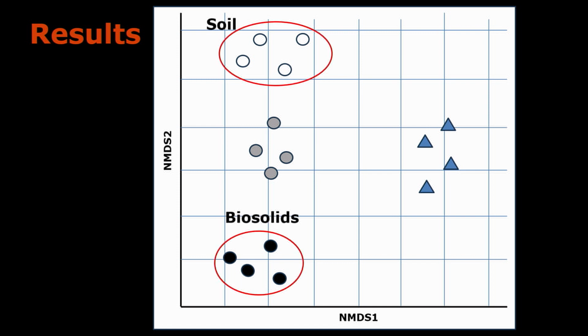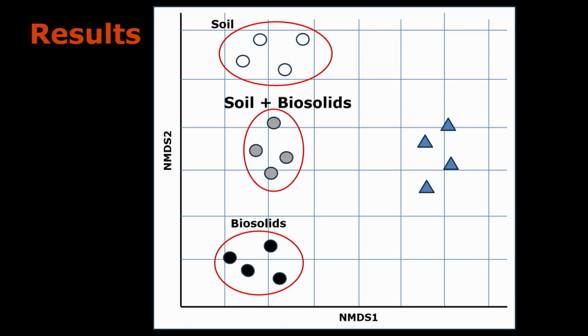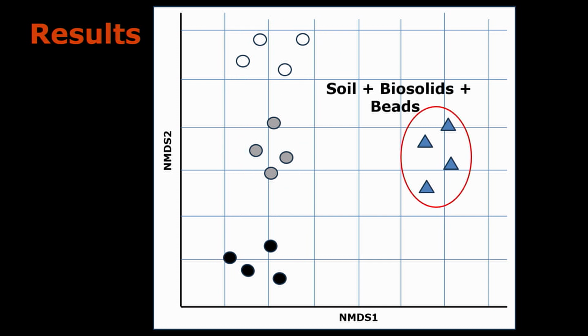So ideally, we'll see the biosolid samples cluster together, and then the soil samples making their own separate cluster because of their different chemical compositions. And then hypothetically, we should also see the pot of the soil and mixed biosolids fall somewhere in between those two. And then if treatment was successful, we should see a completely separate cluster for the samples from the pots with the beads, indicating some sort of chemical change in that pot.